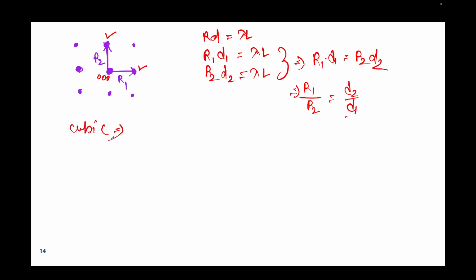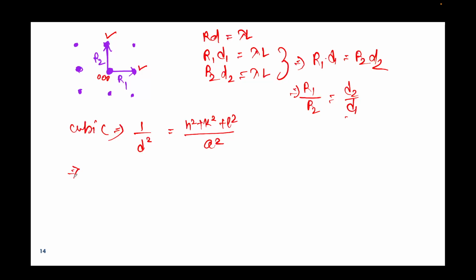So then what can I do? 1 by D square will be equal to H square plus K square plus L square divided by A square. This I can write for the cubic system.